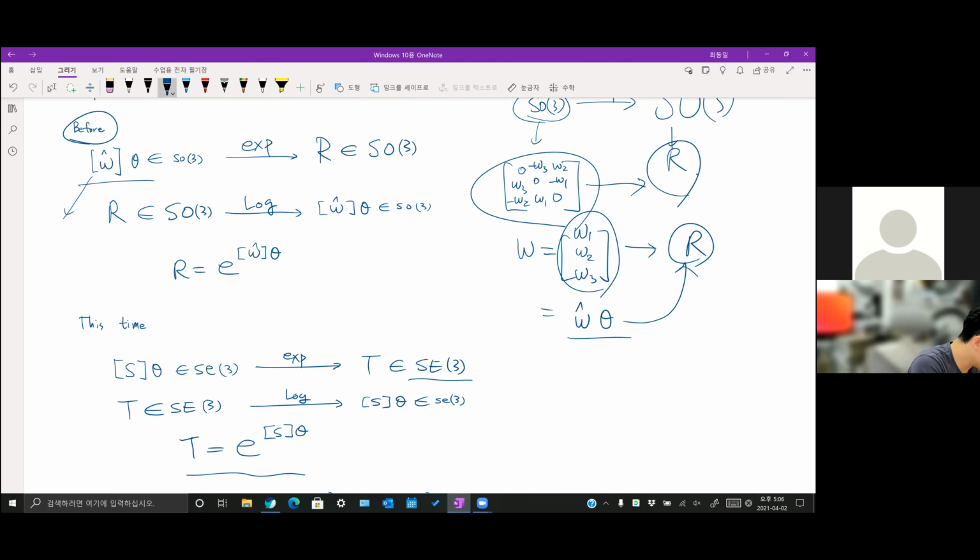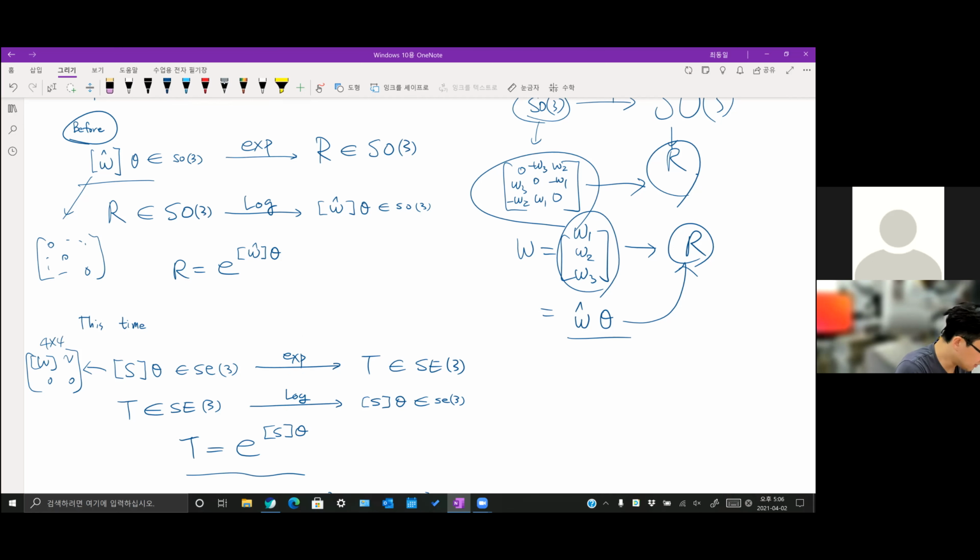this one has some kind of skew symmetric matrix, and the whole thing has the shape like this. As we already learned, this one is a 4x4 matrix. So when we take the exponential of this small se3, we can get the homogeneous transformation matrix T, that is large SE3.